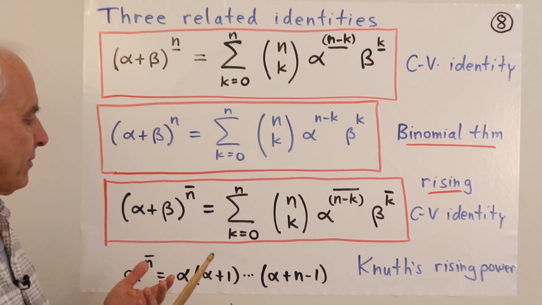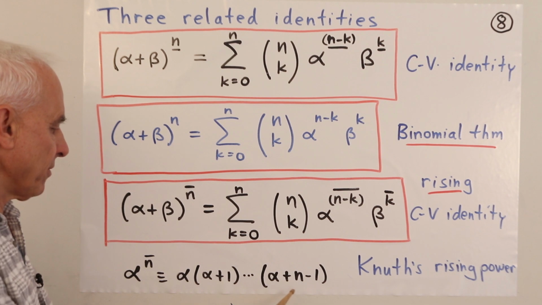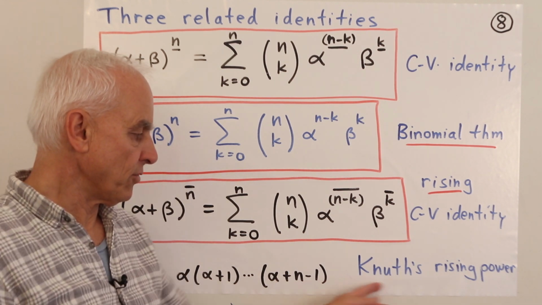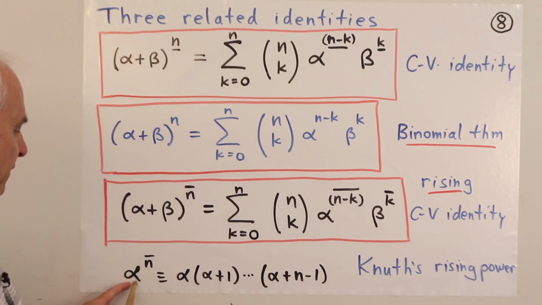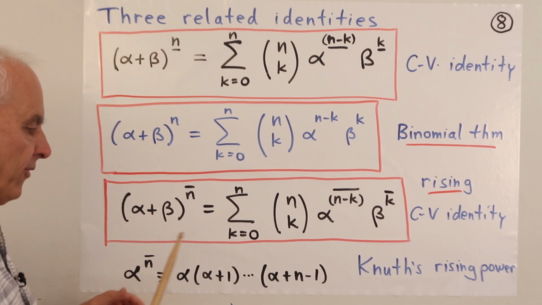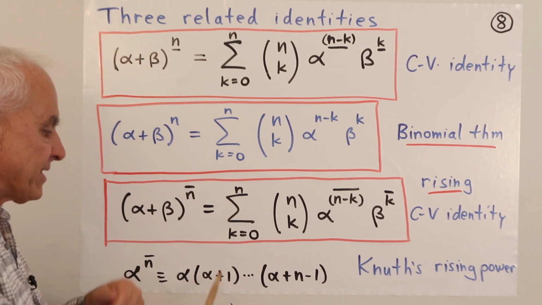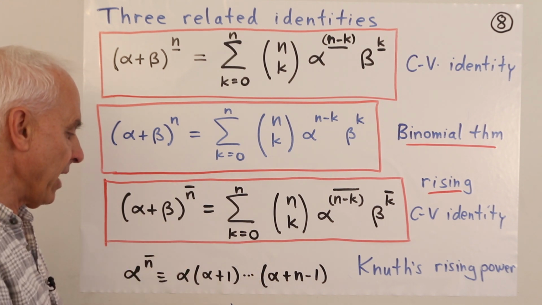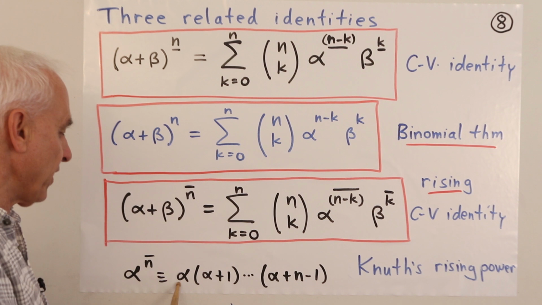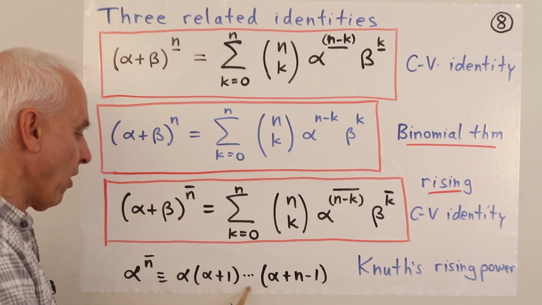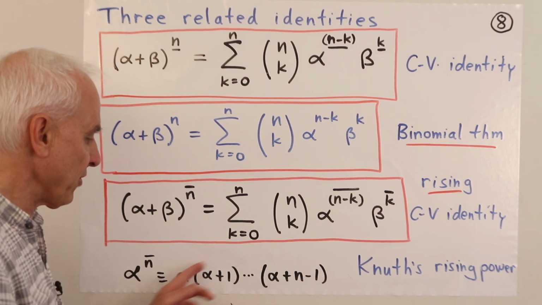What's going on there? Here's the rising power notation due to Donald Knuth. Okay, so alpha to the n rising is, well, again, it's a product of n things, but now we're increasing the thing that we're multiplying by 1 each time. Alpha times alpha plus 1 times alpha plus 2 all the way up to alpha plus n minus 1. Altogether n terms.